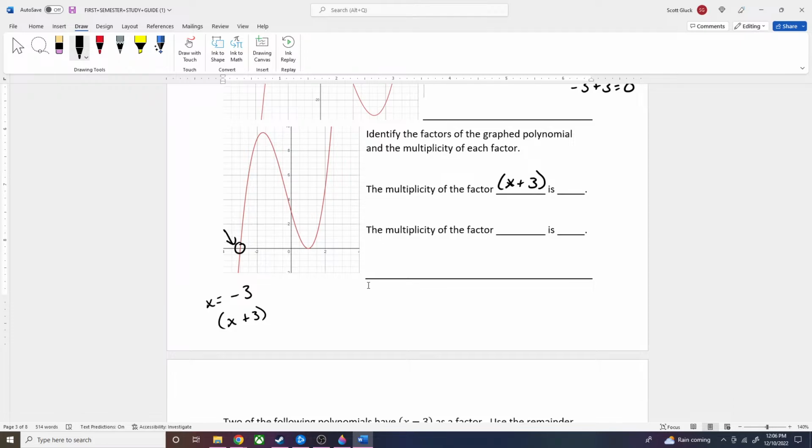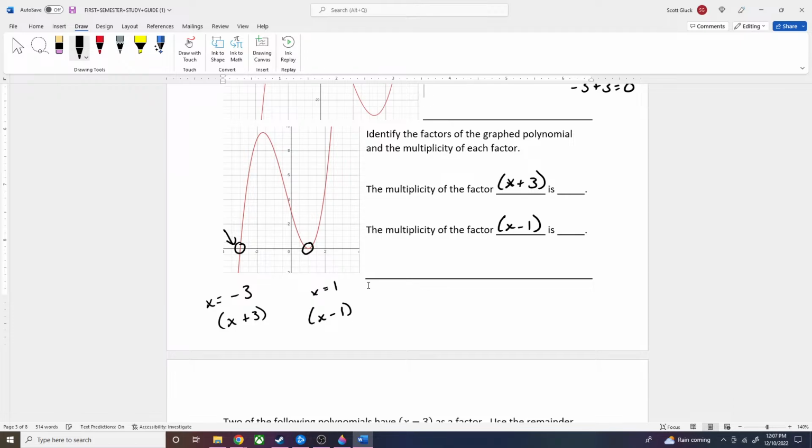Okay? Then our second 0 is right here. Okay, but you'll notice we only have 2 zeros in this one, so we're only going to have 2 factors. Right? Now this 0 exists at x equals 1, and you'll notice that these are both factors that were present in the previous problem. So x minus 1 is the corresponding factor.